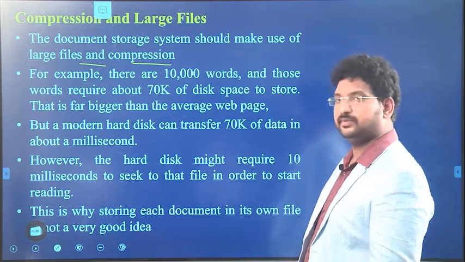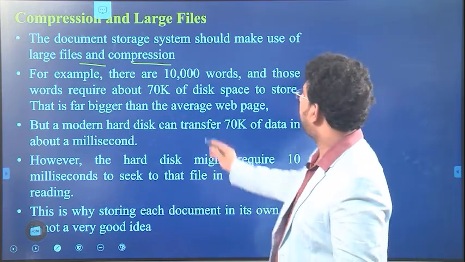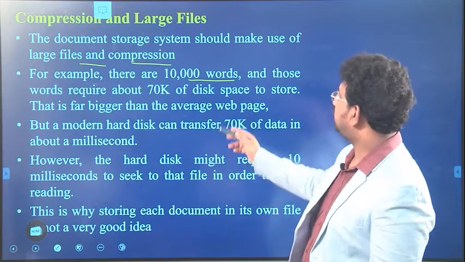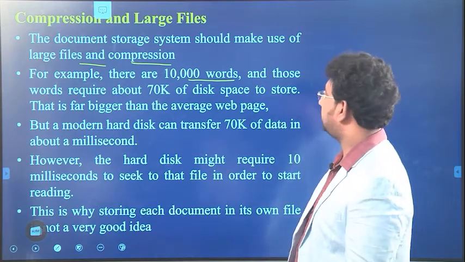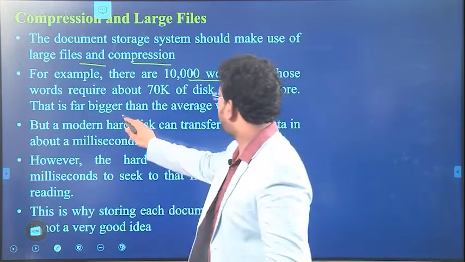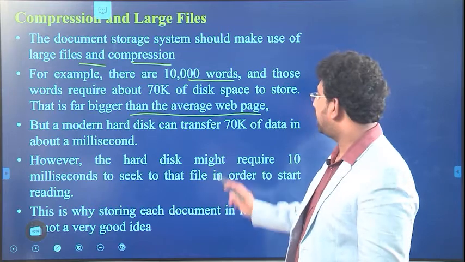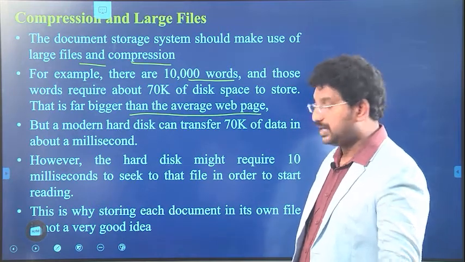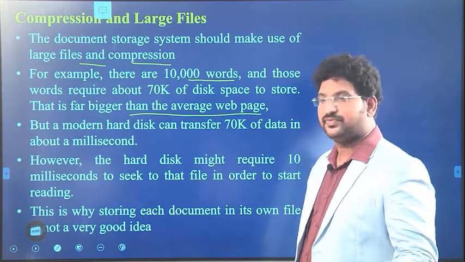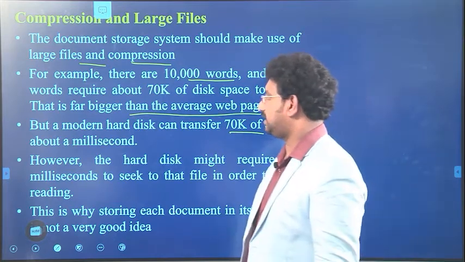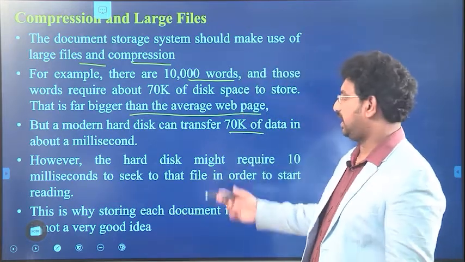For example, 10,000 words require about 70k of disk space to store. This is far bigger than the average web page. But a modern hard disk can transfer 70k of data in about a millisecond.